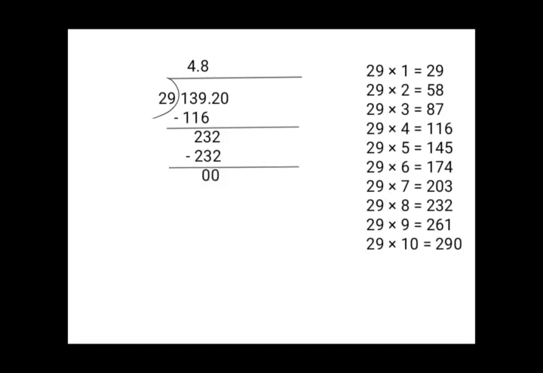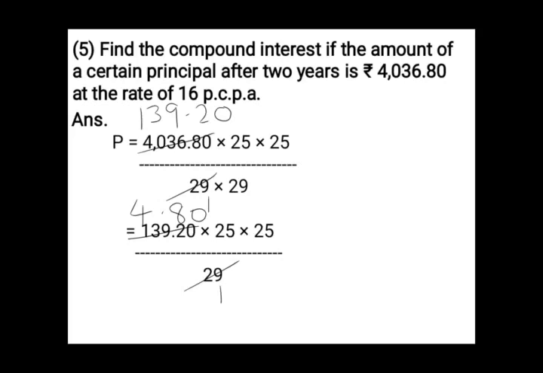Then last 0 you have to bring down. 29 zeros are 0. 0 minus 0 is 0. Quotient is 4.80. Now you have to do the cancellation. 29 ones are 29, 4.80 are 139.20. That is 4.80.